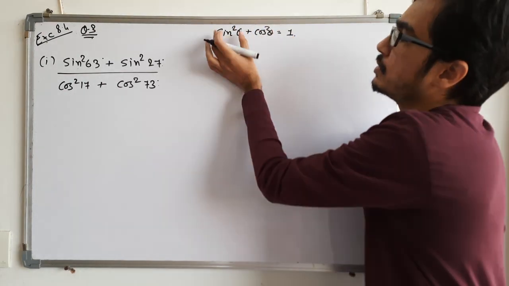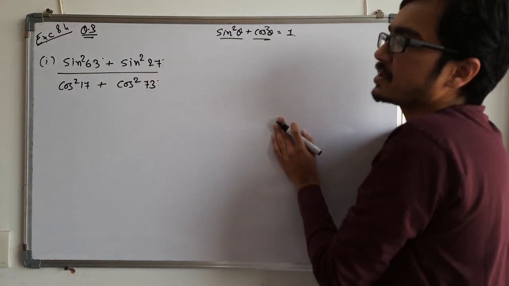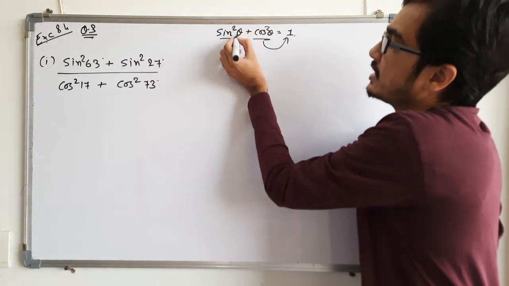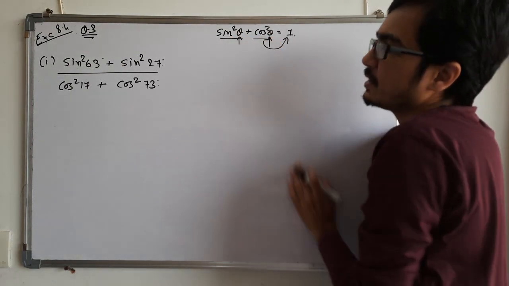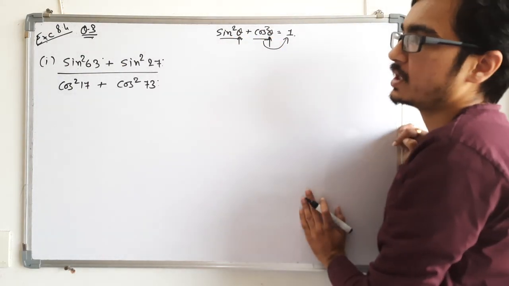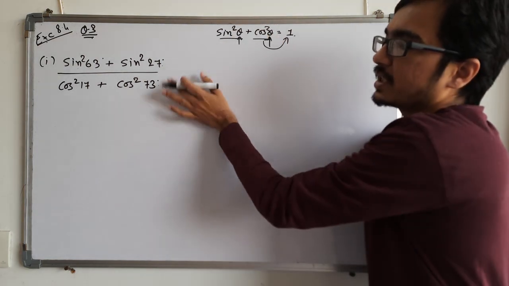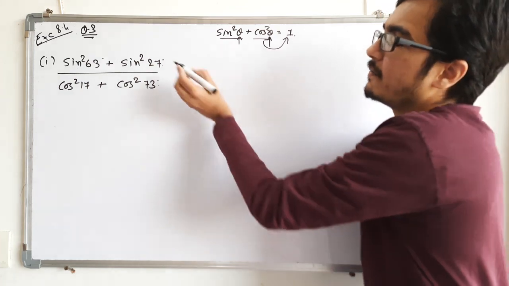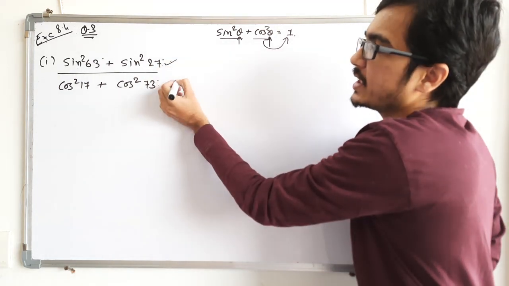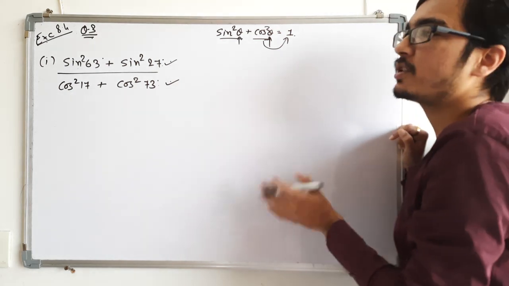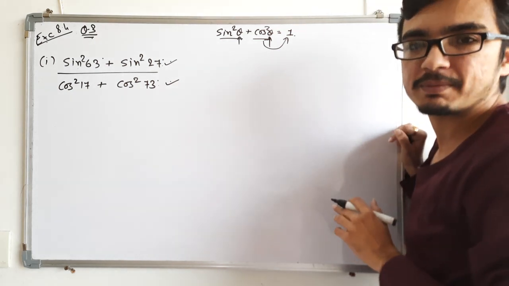So we need this kind of relation, so we can substitute value 1. But the thing is that both angles should be equal, theta, theta. To get this theta equal in numerator and denominator respectively, we have to convert this sine 27 into cos and cos 73 into sine. For that we can use the concept of complementary angles.